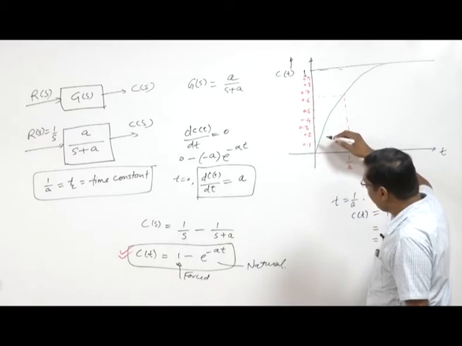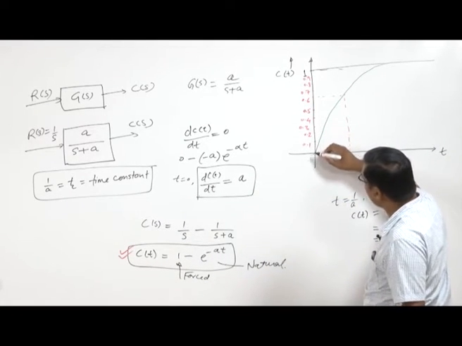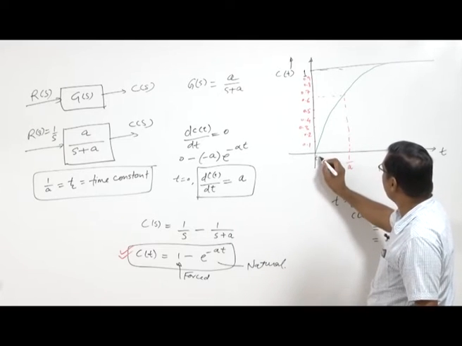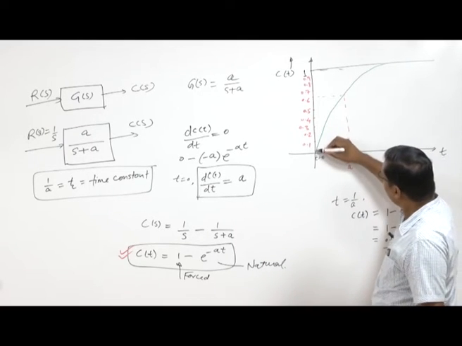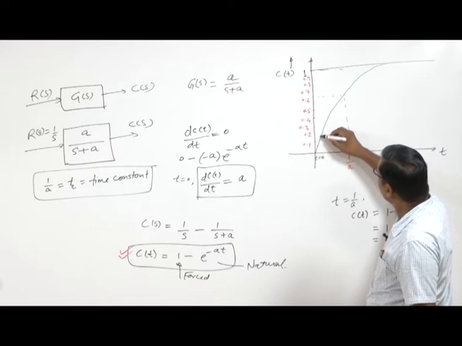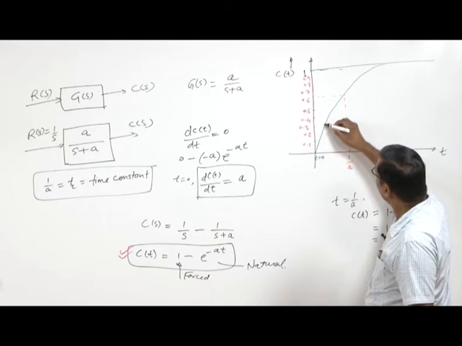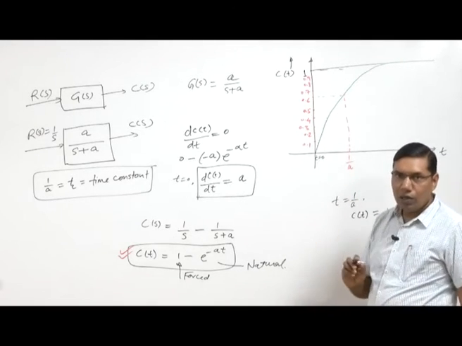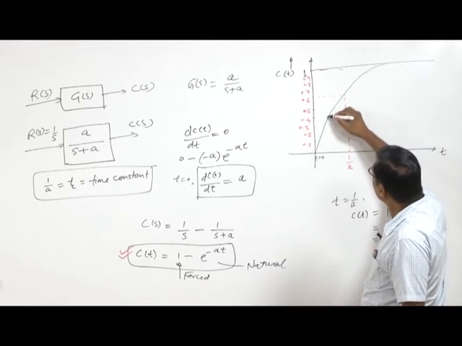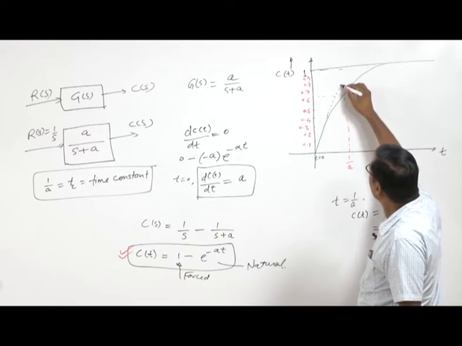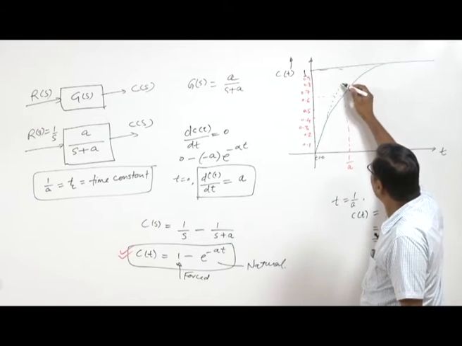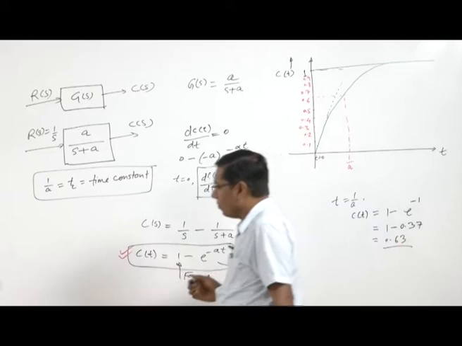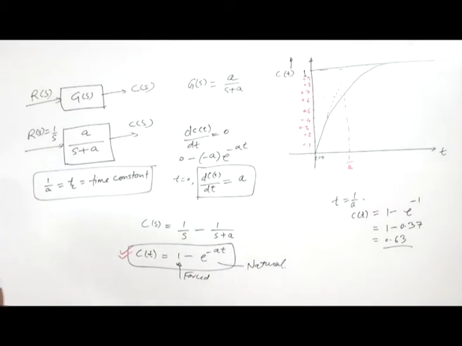So, here we have the slope of this response at t equal to 0, and this slope will give us the value of a.